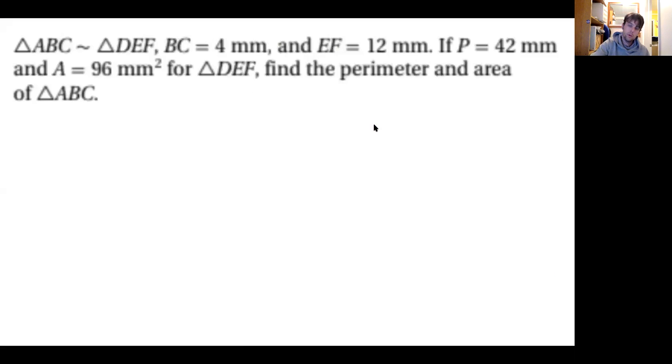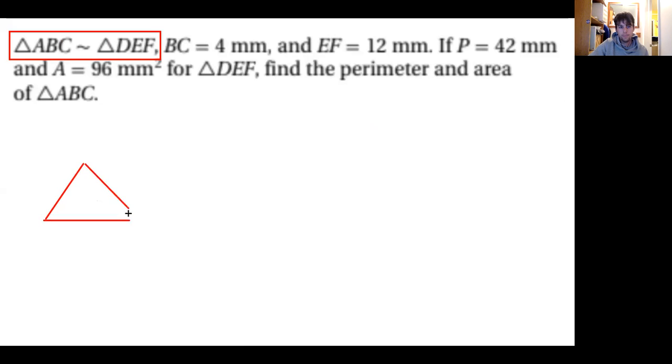Okay, so this one is cool. We don't really have a picture, but it's good to be able to draw that. Again, we know we're working with 2 similar triangles, so let's go ahead and draw 2 triangles, one smaller than the other. Looking at these measurements, BC, EF, it looks like ABC is smaller because this number is smaller than this number, so I'm just going to make the assumption that the first one is smaller.